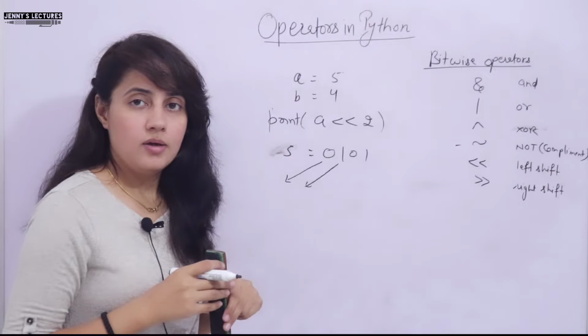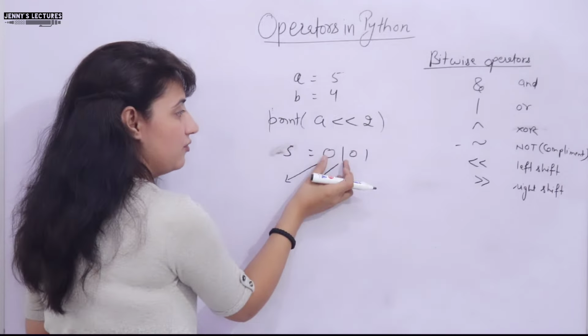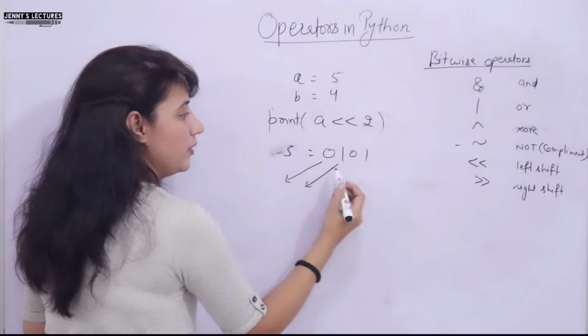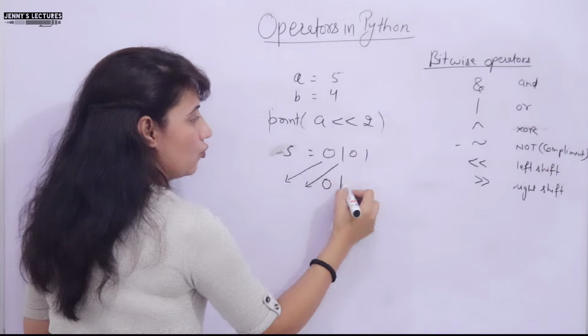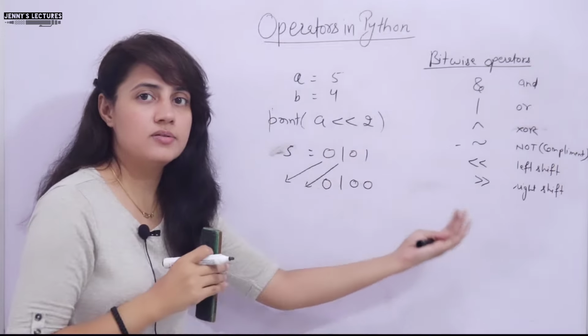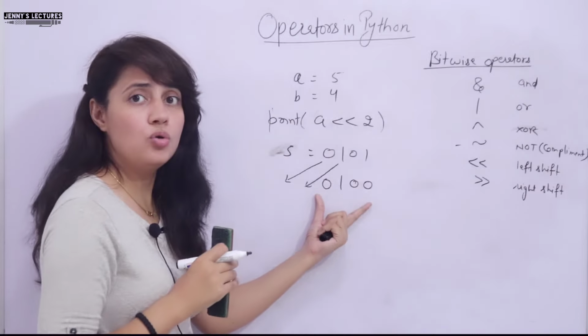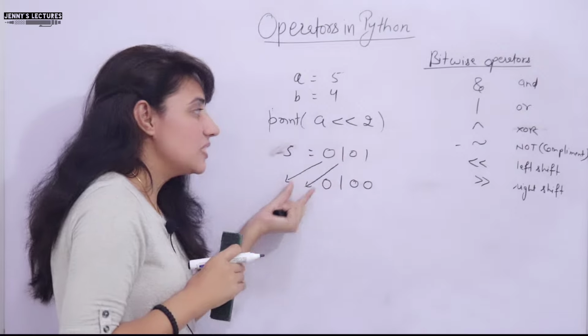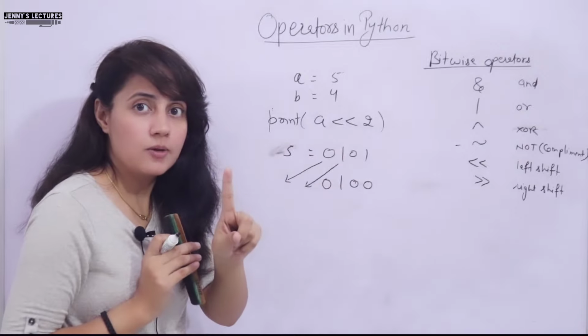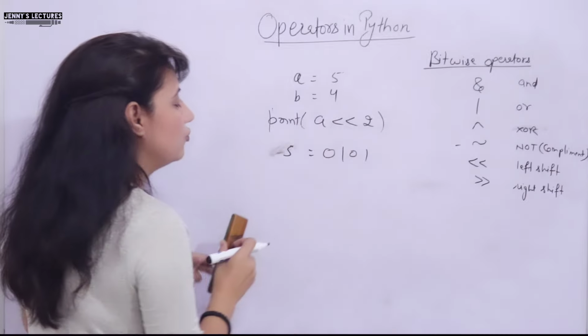Maybe you will say just left shift by 2 bits, discard these 2 bits, so 0, 1, and add 2 zeros at the right-hand side, filling the remaining places with 0. No. We are not going to discard these bits. Remember this. Okay.